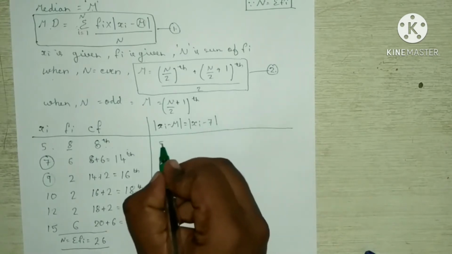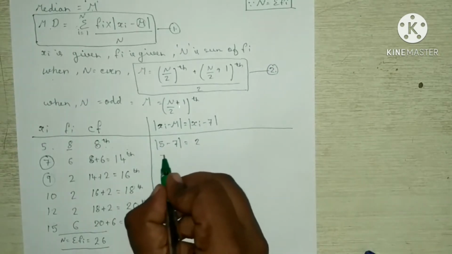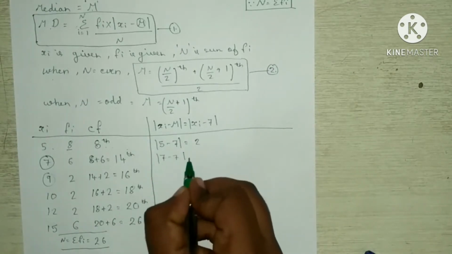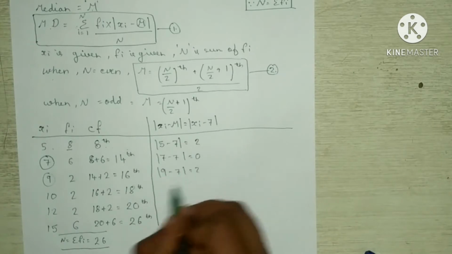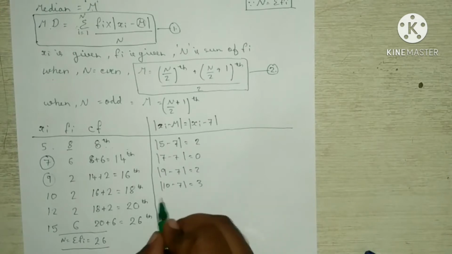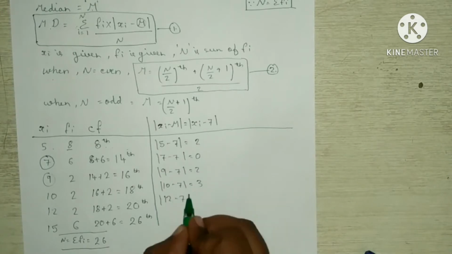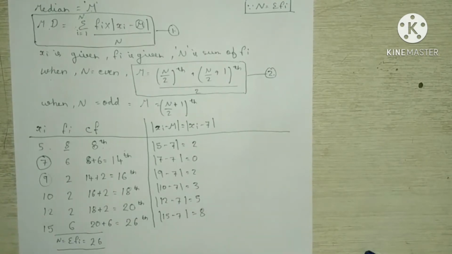Modulus of 5 minus 7 is 2. 7 minus 7 is 0. 9 minus 7 is 2. 10 minus 7 is 3. 12 minus 7 is 5. 15 minus 7 is 8.